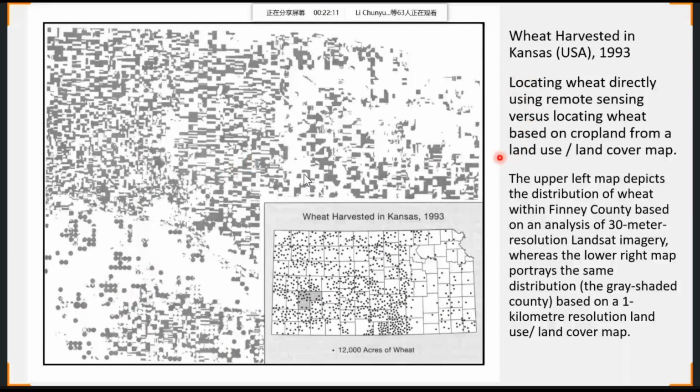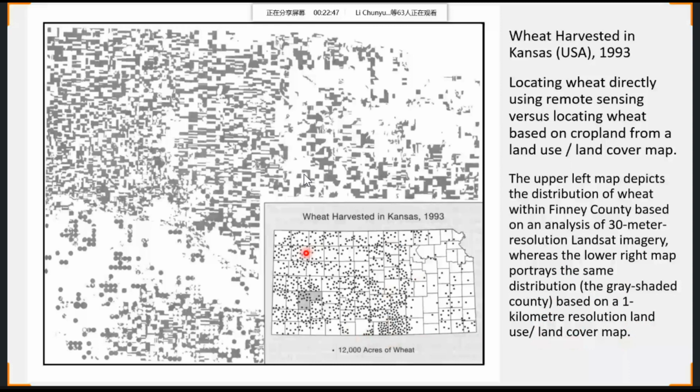So, locating wheat directly using remote sensing versus locating wheat based on cropland from a land use land cover map. The upper left map depicts the distribution of wheat within Finney County, so it's just this county here, based on an analysis of 30-meter resolution Landsat imagery. Whereas the lower right map portrays the same distribution, the gray shaded county, based on a 1 kilometer resolution land use land cover map.